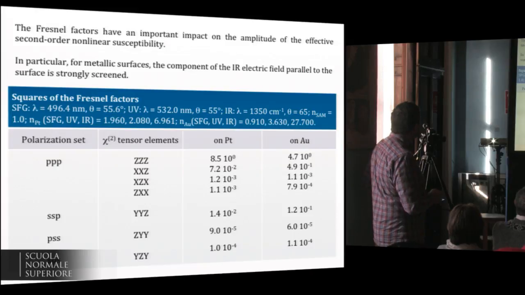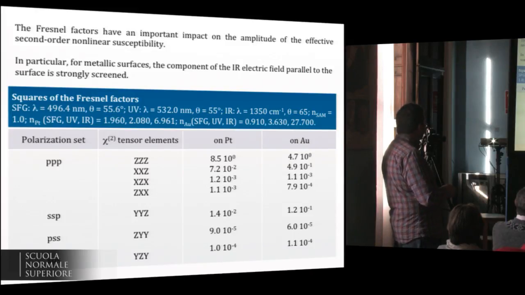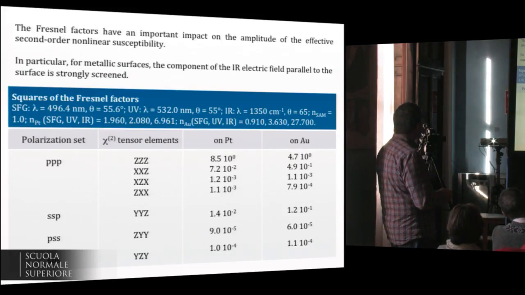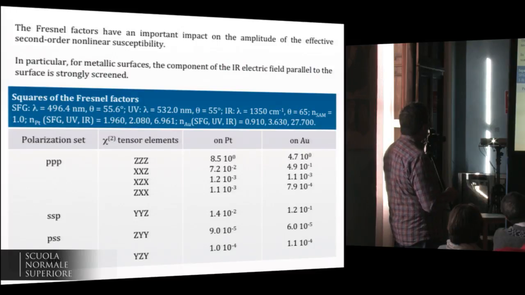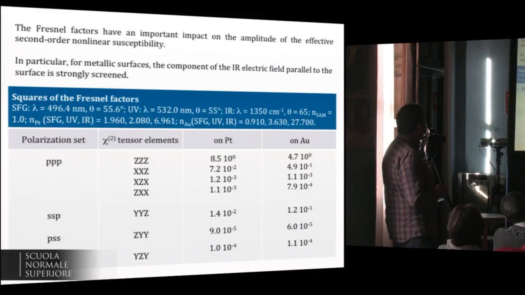And in this case, the values have been obtained in the case of a platinum surface. So this is a metallic surface. And in order to calculate the Fresnel factors, we have been using all these values for the theta angle, for the wavelengths, and also for the refractive indices.